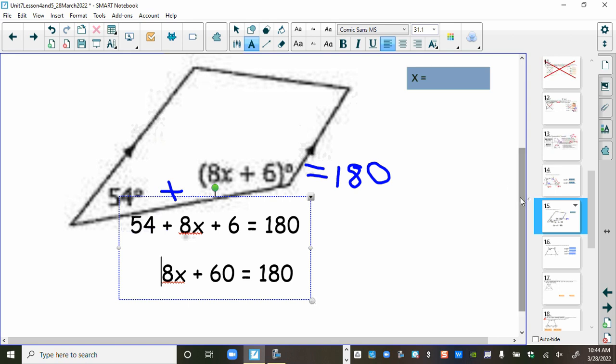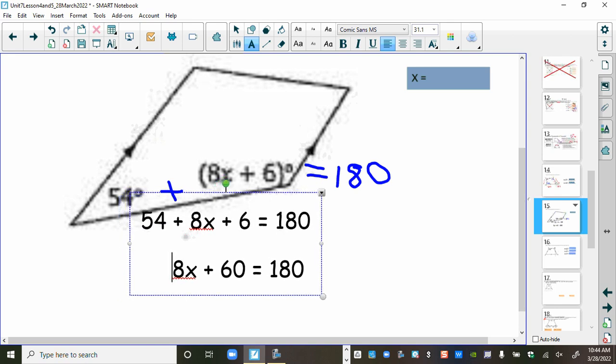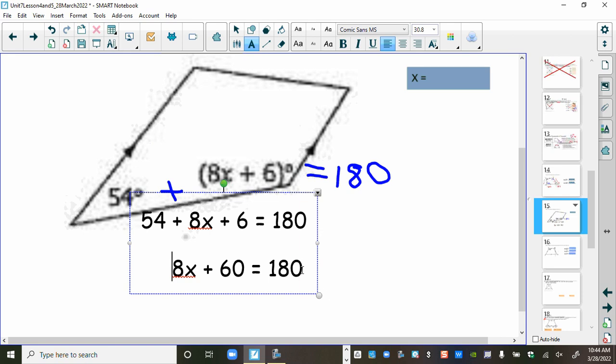So there's your next step. Jason gave us your next step. So find x. So go from here. Combine like terms.